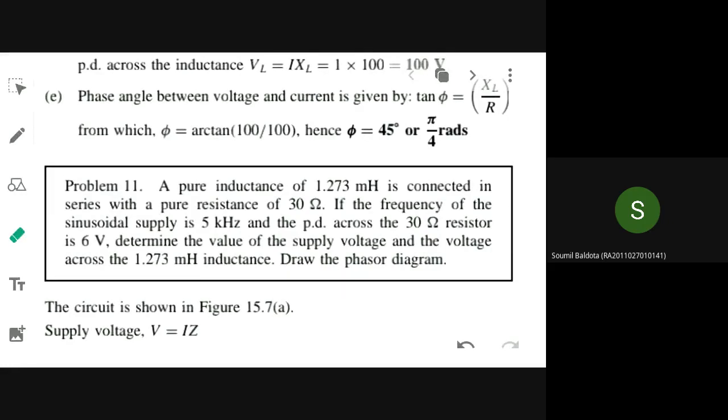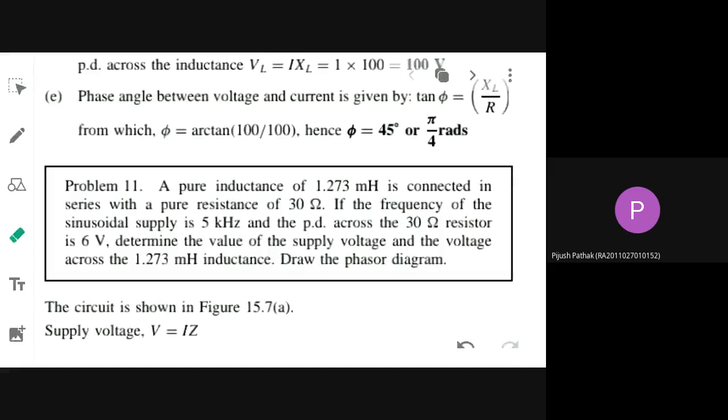Ritesh. Piyush. Yes, ma'am. Piyush, yes, tell the ma'am the answer.